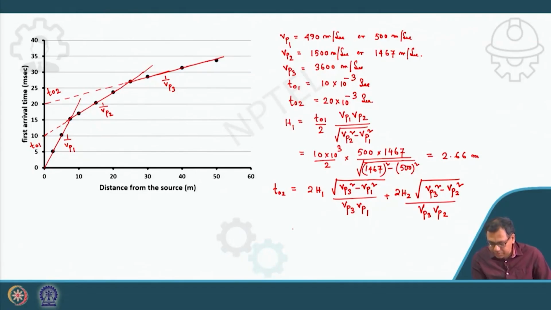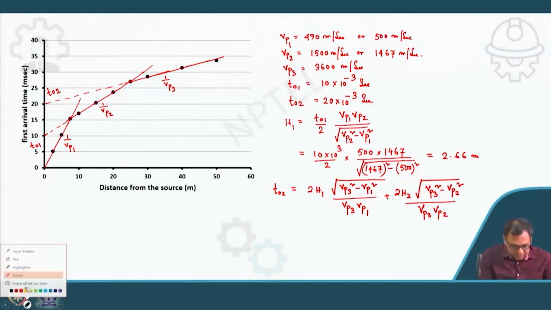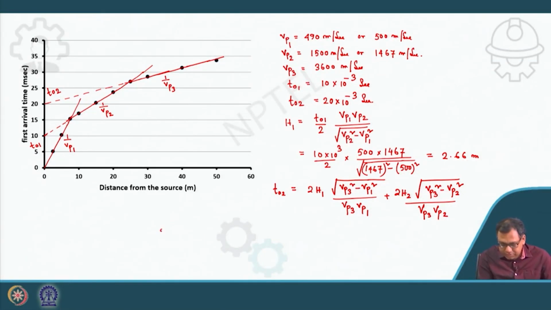So now I am putting all those values. So I will get T02 is 20 into 10 to the power minus 3.